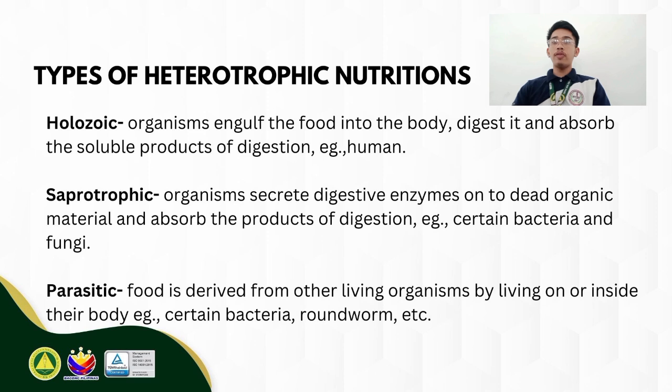It refers to organisms that secrete digestive enzymes onto the organic materials and absorb the products of digestion. Examples of this are certain bacteria and fungi. The third type is the parasitic. The food is derived from other living organisms by living on or inside the body. Examples are certain bacteria, roundworm, and others.